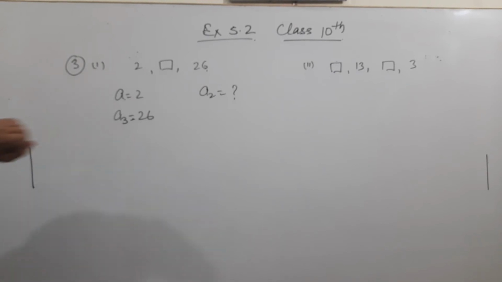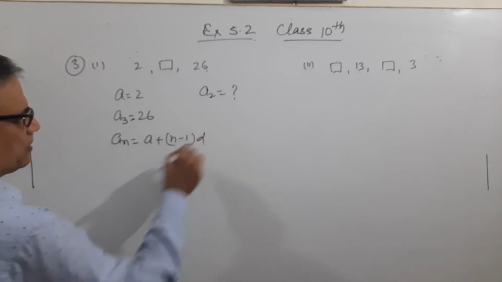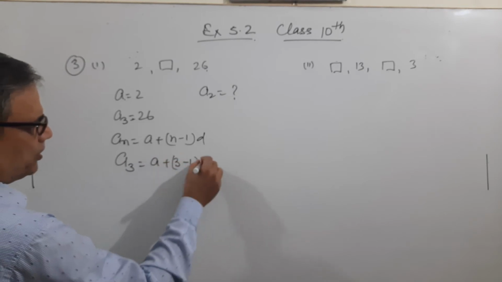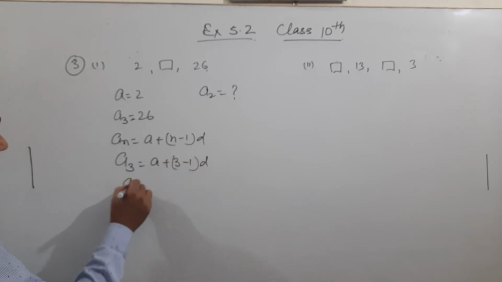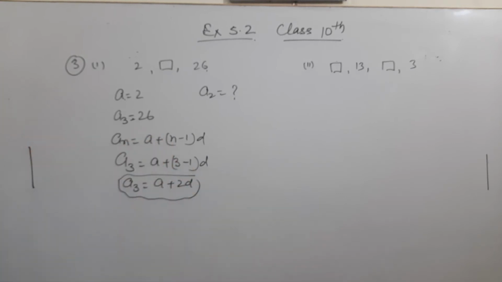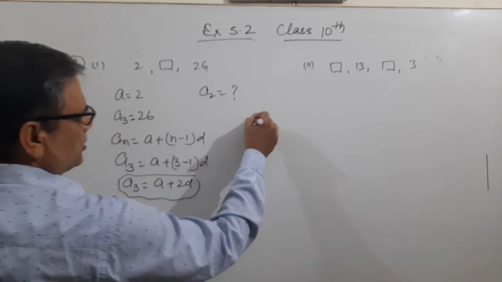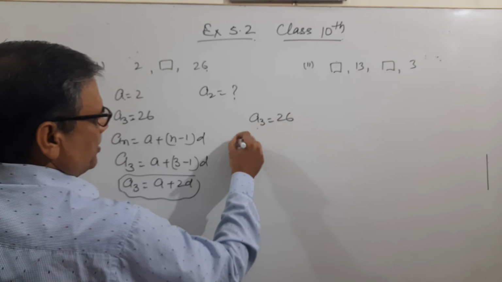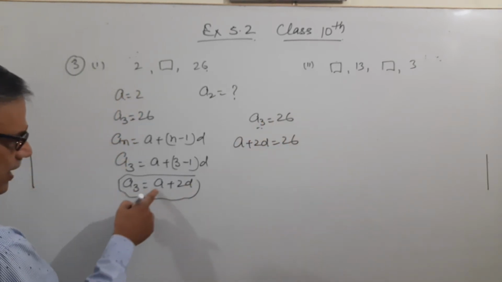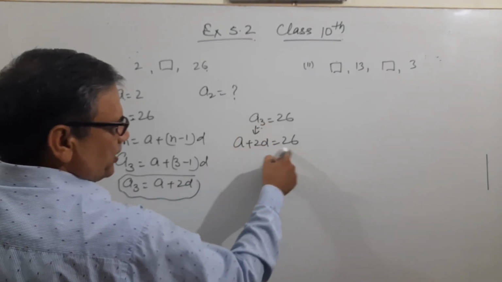And we know the formula: An is equal to A plus (n minus 1) into D. With n as 3, A3 is A plus (3 minus 1) into D, so A3 is equal to A plus 2D. But A3 is equal to 26. So A plus 2D is equal to 26.